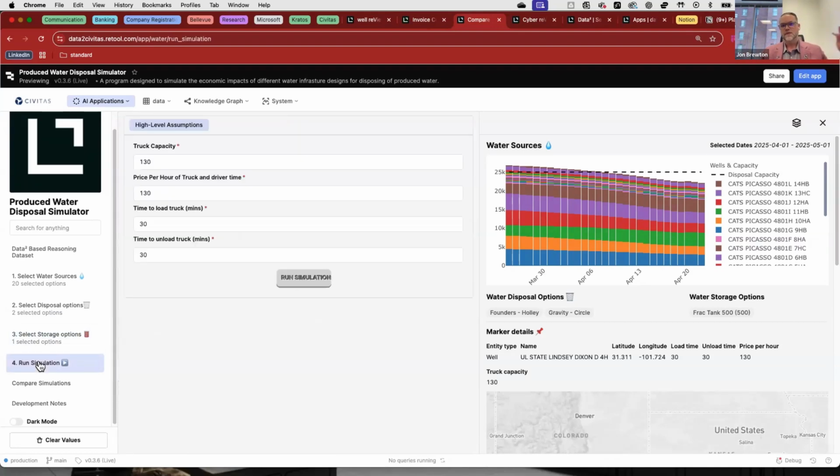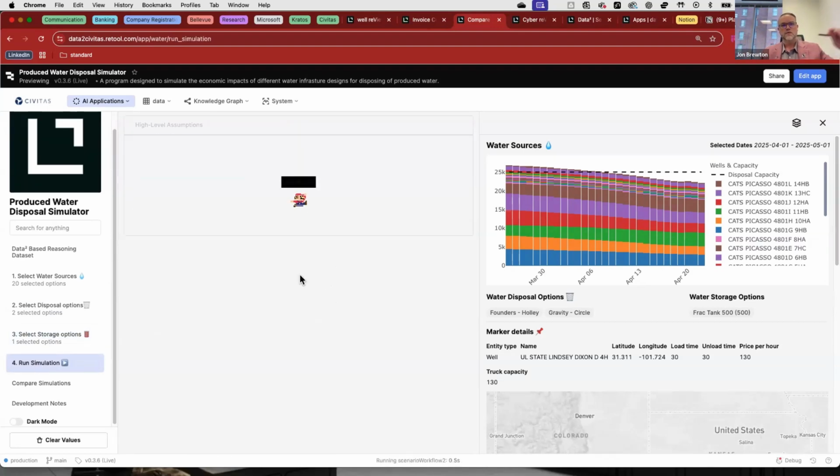So when you do this, you'll run a scenario. We can look at the trucking. This will take a few seconds to run, but you have the ability to clearly see how alternatives, and at any point contingencies, could manifest themselves, and what that's going to cost you and what it's going to earn you at the end of the day.